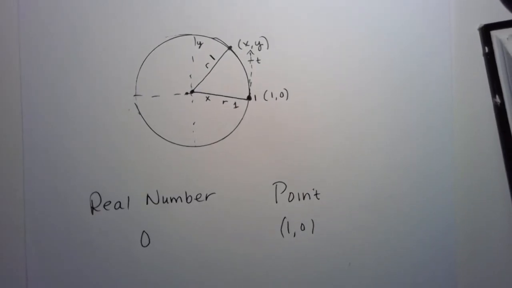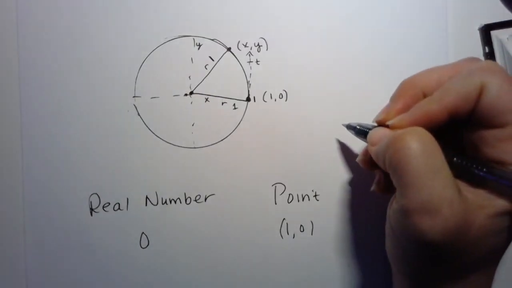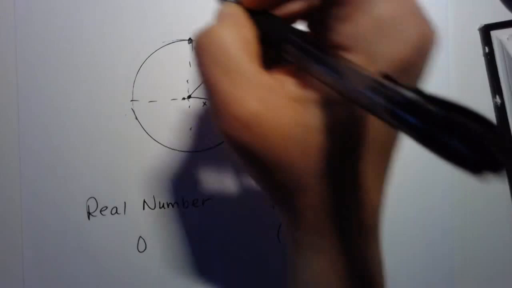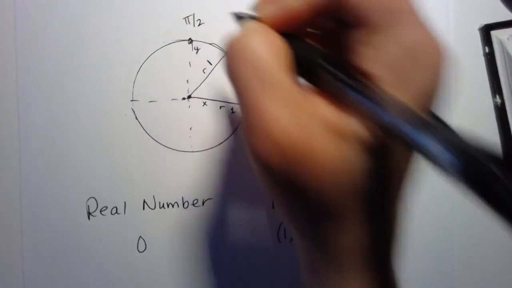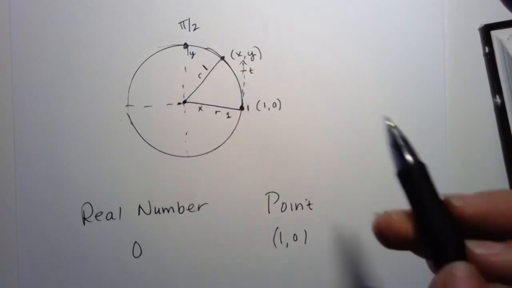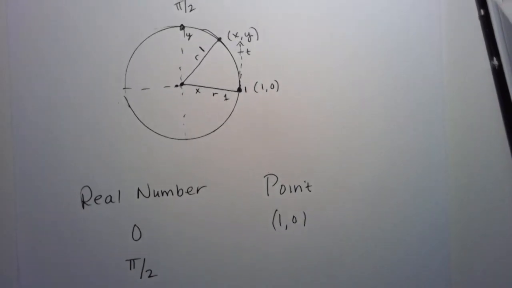Another place I can figure out is, now we know our radian measures, so this point up here is pi over 2, if you remember, because the whole way over here is pi, so halfway between is pi over 2. If the real number is pi over 2, then that corresponds with this point here.